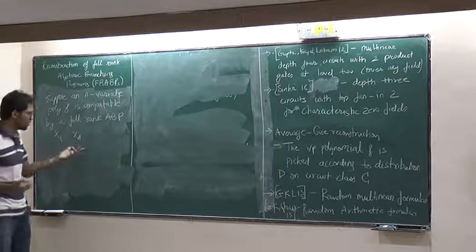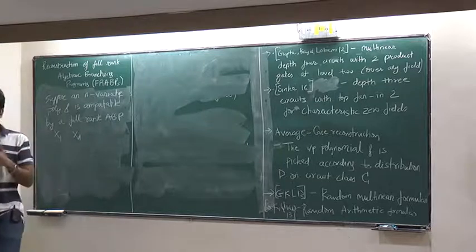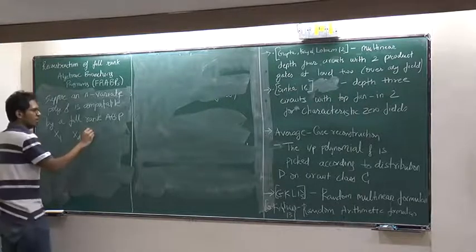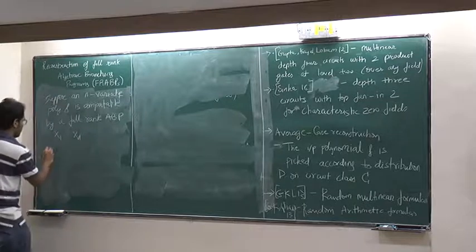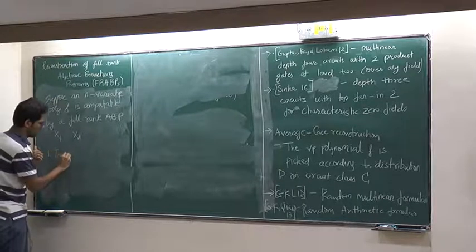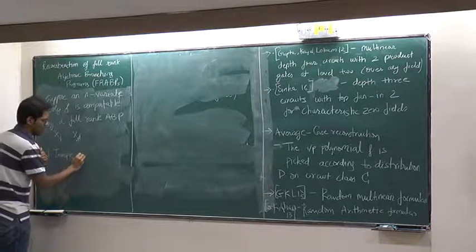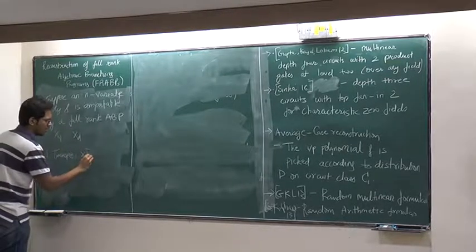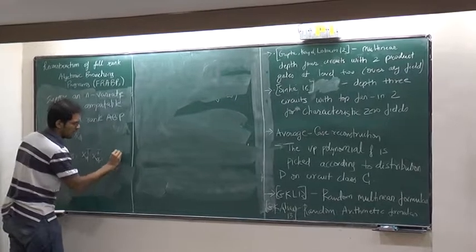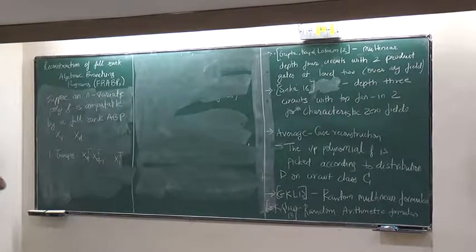There are primarily three kinds of transformations that you can do to construct new full rank ABPs. The first is the transpose. This again computes the same polynomial.